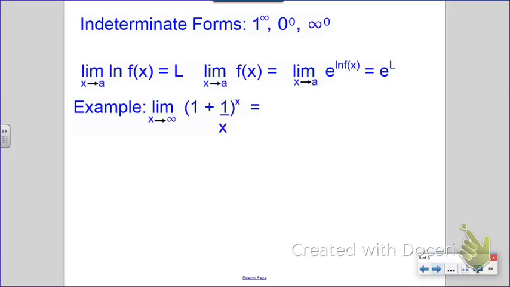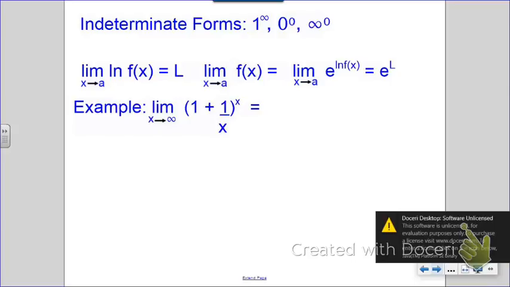We use L'Hopital's rule in the process. We're going to also use the natural log function to help us solve it. As you can see from the definition, we're going to take the natural log of both sides. We're then going to take e to both sides to get rid of the natural log function, because we know e and natural log are inverse operations of each other. And then we're going to take the limit as x approaches infinity.